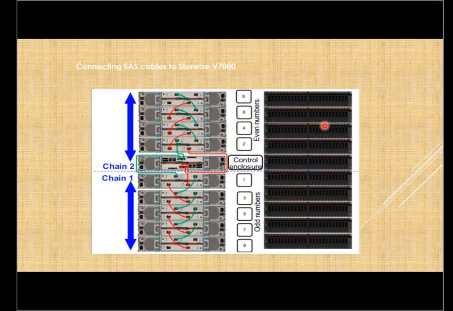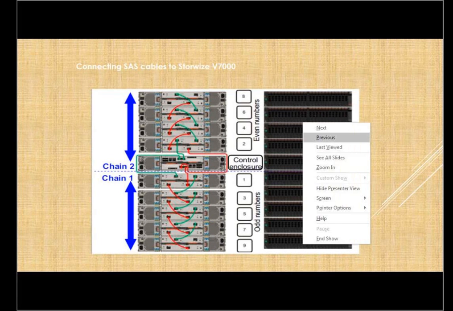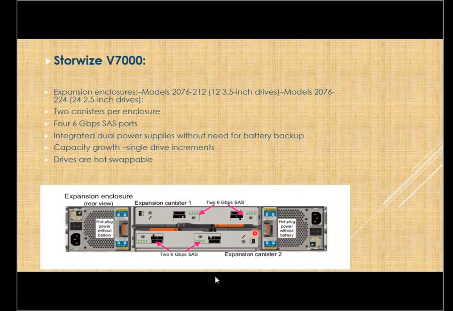See, when you say enclosure, here also you have node A, node B kind of thing. It has two different processors, so it's not one thing. It has two sub-parts. That's the reason why we mentioned that at any single point there is no SPOF. Here you can see expansion canister failures do not exist. Expansion canister 1 is one box, and expansion canister 2 is one more box.